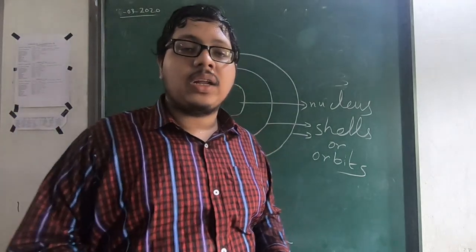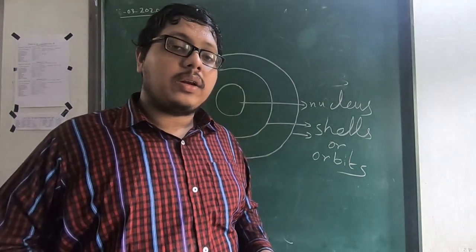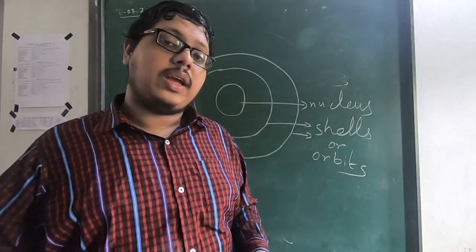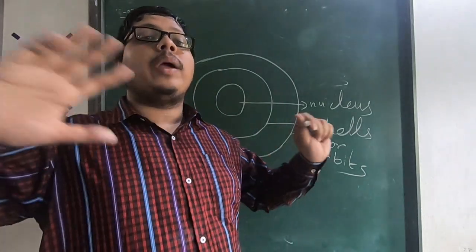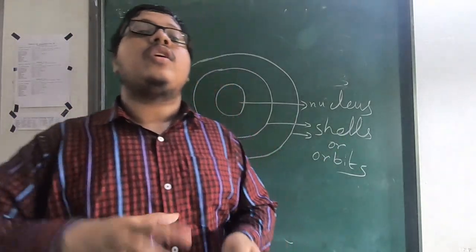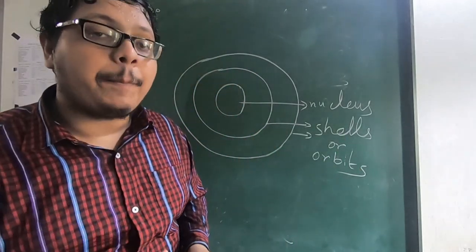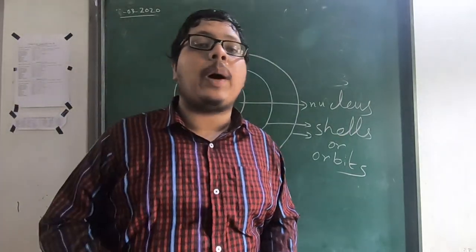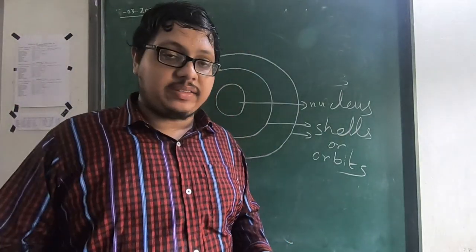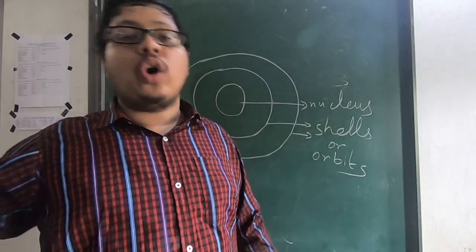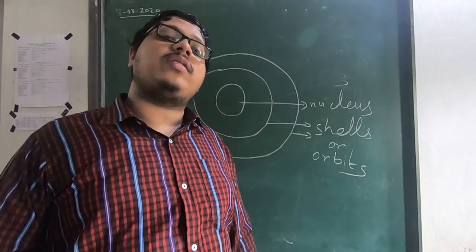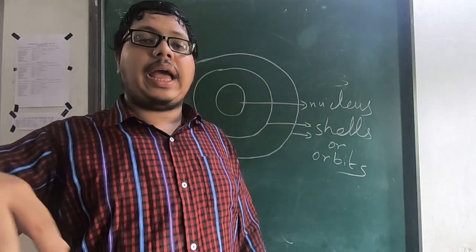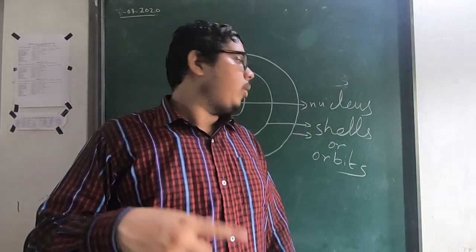Protons, neutrons and electrons, right? Subatomic particles are the particles which make up the atom itself. The atom is made up of smaller particles. These particles you already know. They are protons, electrons and neutrons.